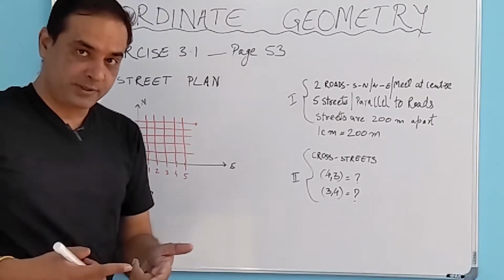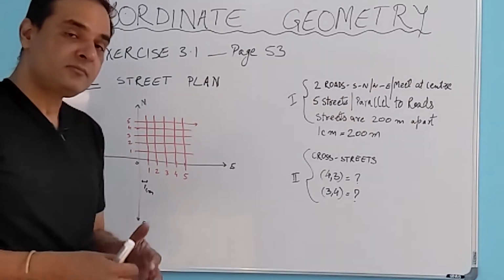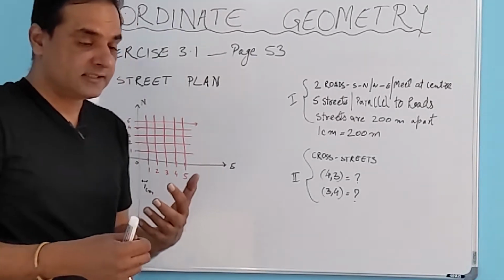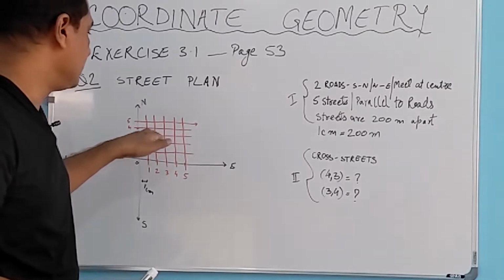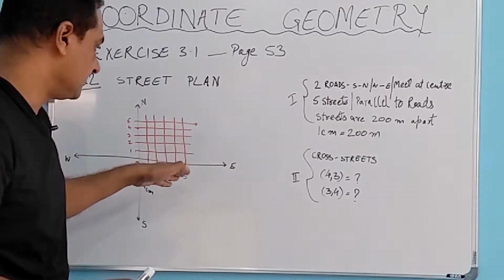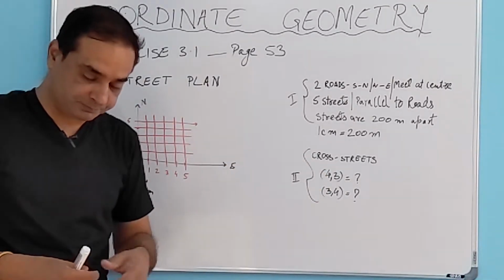Now there is a second part to the question where it is given that suppose all these, basically where these streets they meet each other, that is known as cross street.